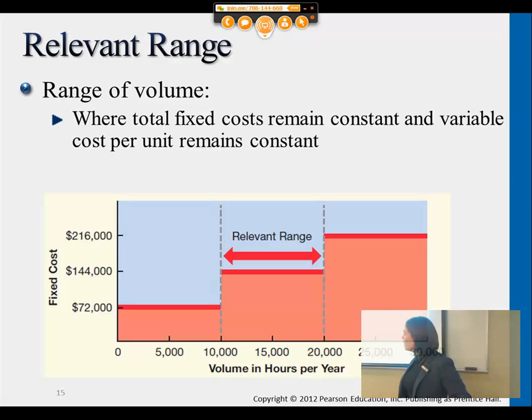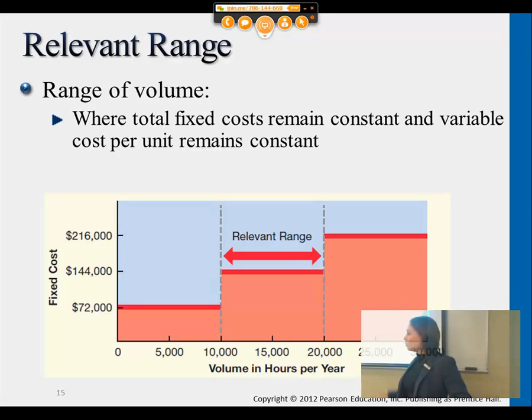So do you see how from 0 to 10,000 volume in hours per year, my fixed cost is only going to be 72,000? But once I bump it up from 10,000 to 20,000, my cost goes up as well.